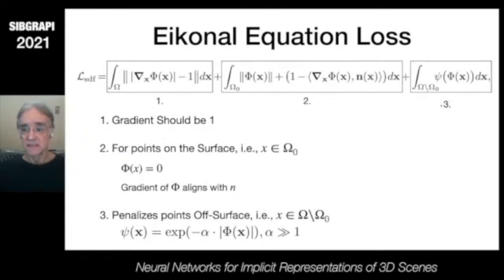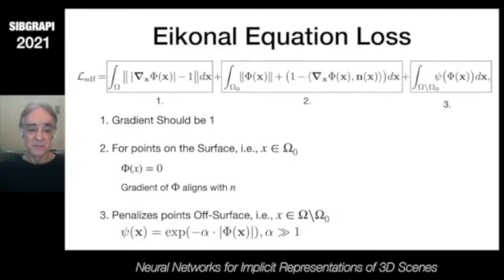And this third term takes account of the other points that are not on the surface, but off the surface. So this is a domain that is the complement of the point set, the 0 level set, in the rest of the three-dimensional domain.